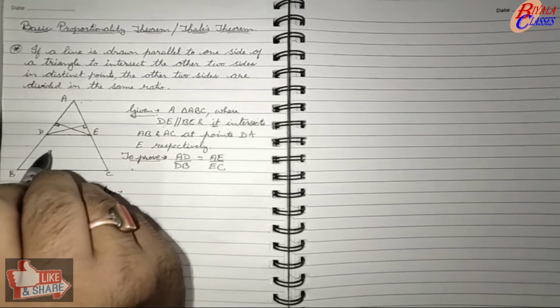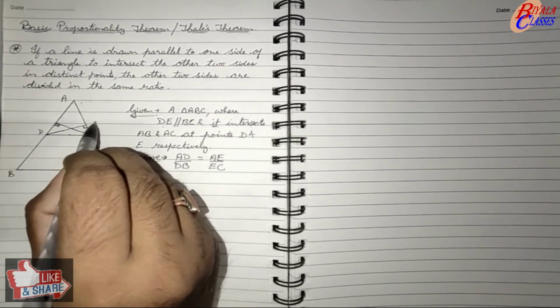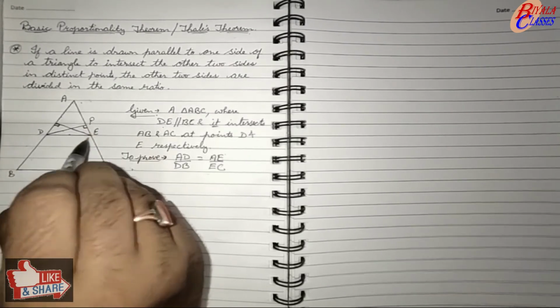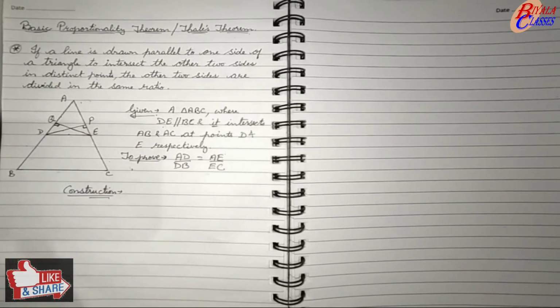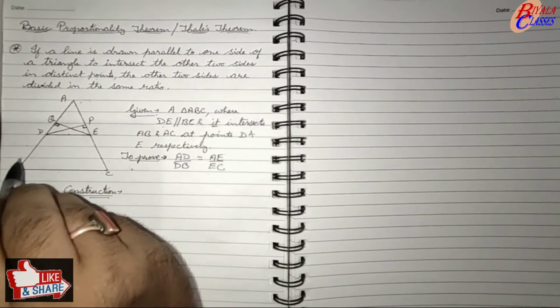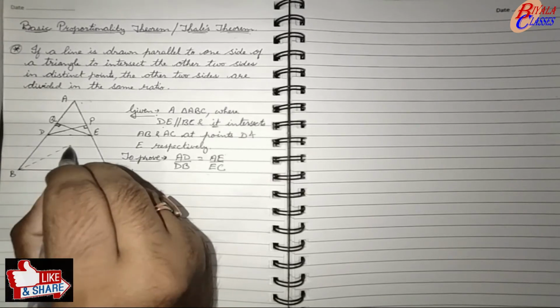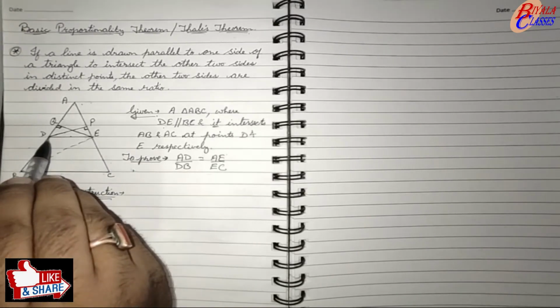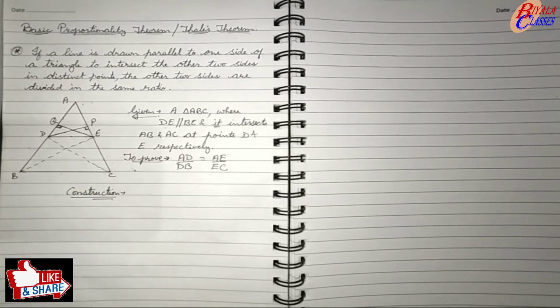Let us name these perpendiculars: this perpendicular is DP, this is EQ. After drawing these perpendiculars, we are also going to join BE and DC.